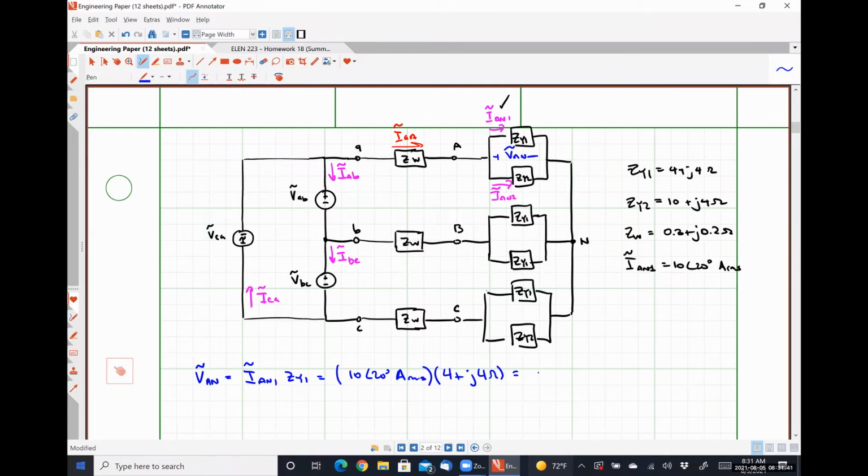I think that is going to be 40 square root of 2 angle 65 degrees volts RMS, if my mental math is correct, but I'm going to double check that.